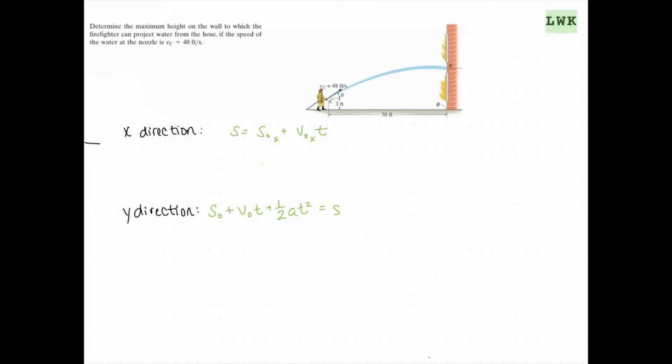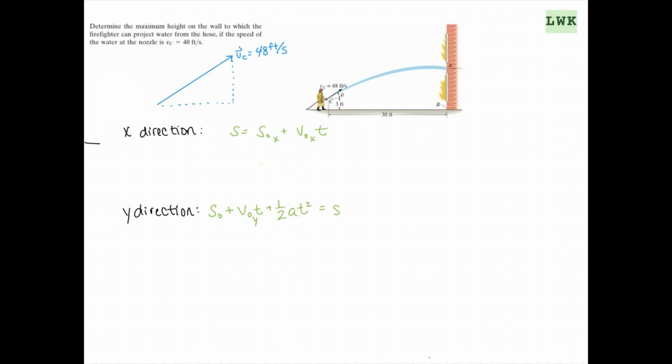So let's look at this v sub c, because like before, we know that we're going to need to find the x and the y components of that to be able to solve this problem with these expressions. So let's say this is our VC, and we know that equals 48 feet per second.